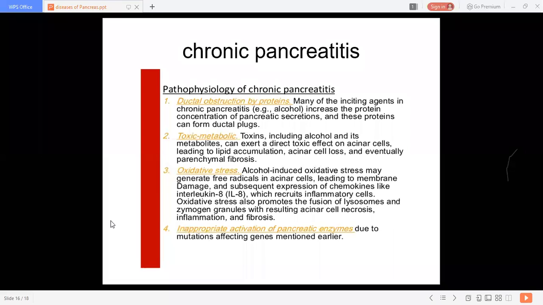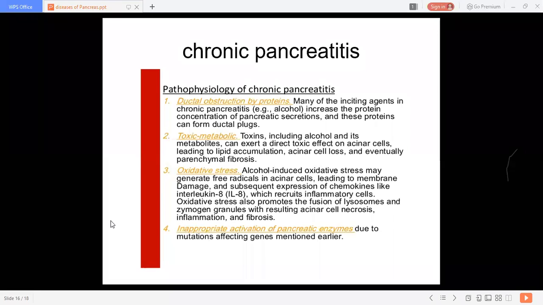The third is oxidative stress. Alcohol-induced oxidative stress may generate free radicals in the acinar cells, leading to membrane damage and subsequent expression of chemokines like interleukin 8, IL-8, which recruits inflammatory cells. This oxidative stress also promotes the fusion of lysosomes and zymogen granules, with resulting acinar cell necrosis, inflammation, and fibrosis.